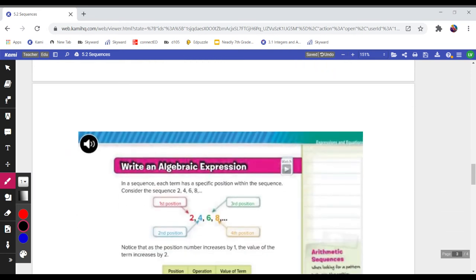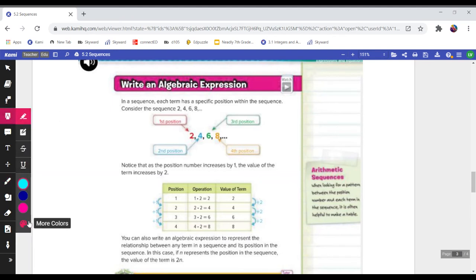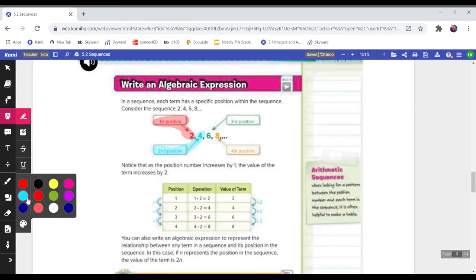So now we're going to write an algebraic expression. In a sequence, each term has a specific position within the sequence. So let's consider the sequence 2, 4, 6, 8, and so on and so forth. The first position is number 2. The second position is number 4. The third position is number 6.